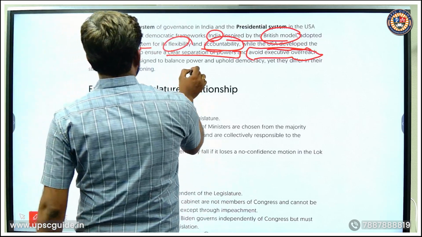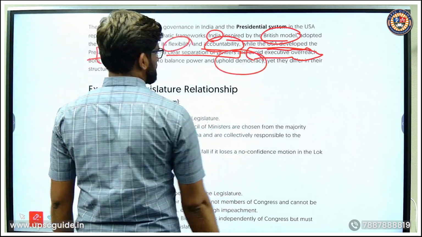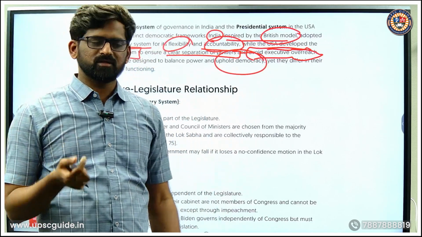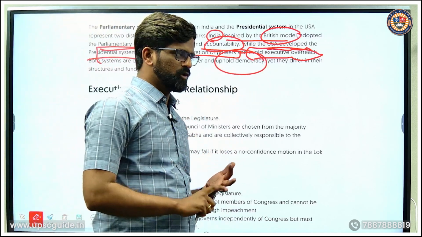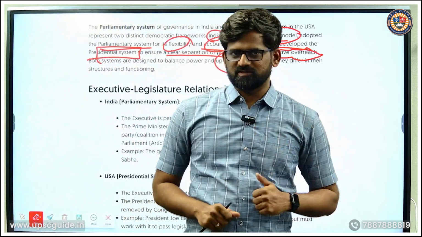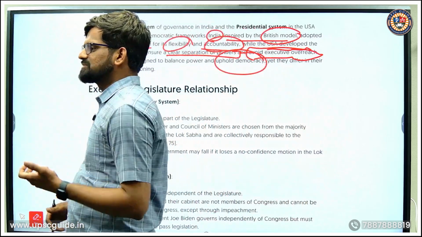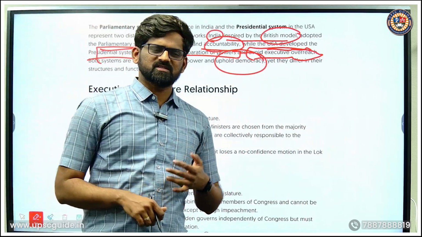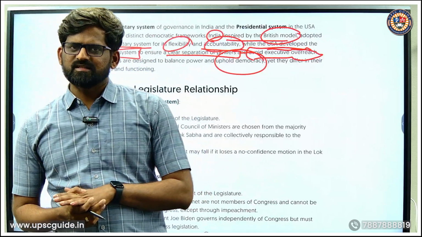Both are democracies. In their own way, they are ensuring fundamental rights, democracy, rule of law and all those things. So even though the systems are different, their ultimate goals are the same. One is the oldest democracy, one is the largest democracy in the world.